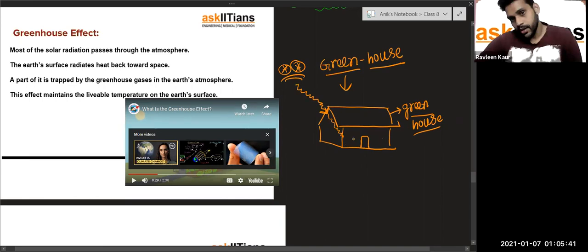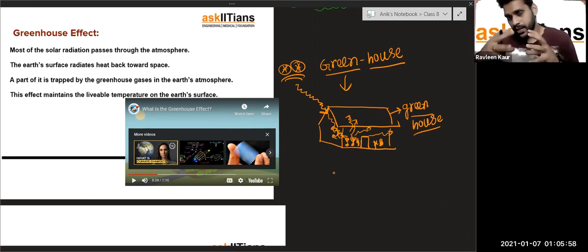But the thing that is happening, it is not being able to go out of it. After getting reflected, the light is not being able to go out of this house. There are reasons behind it.